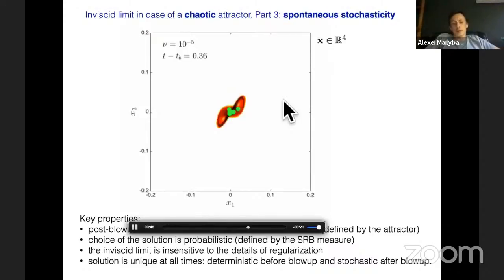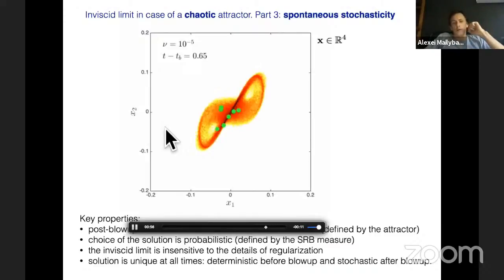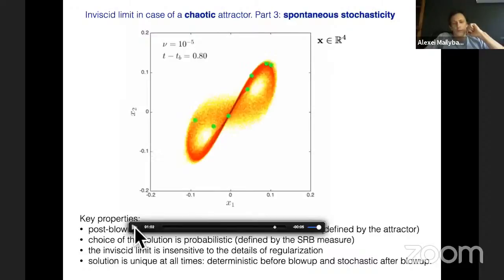You see, the dynamics is completely deterministic. It's just that it was only random in a very, very small initial neighborhood of the singularity. So after it exits the point, it's completely deterministic. But it's now a deterministic evolution of the measure rather than of the specific solution. So this is what happens.